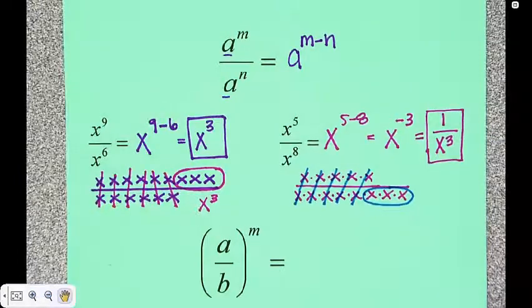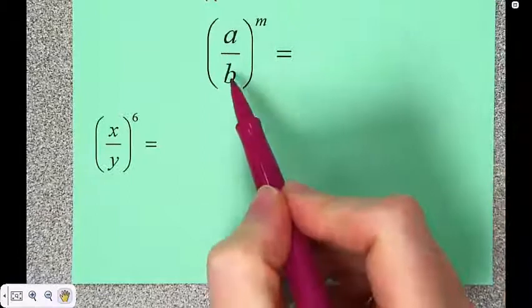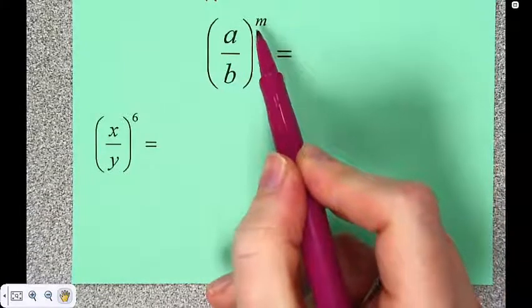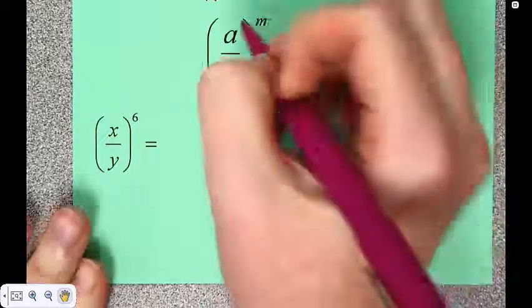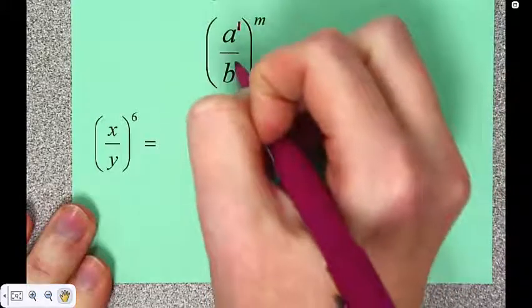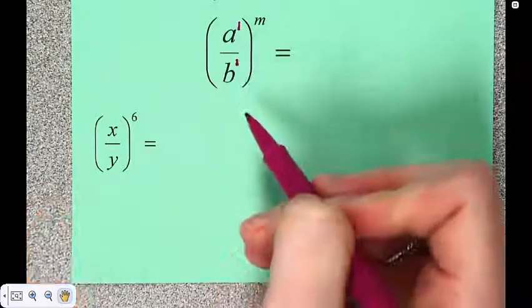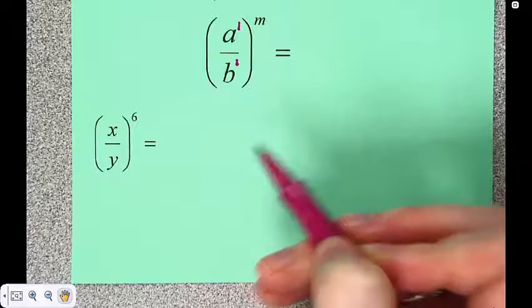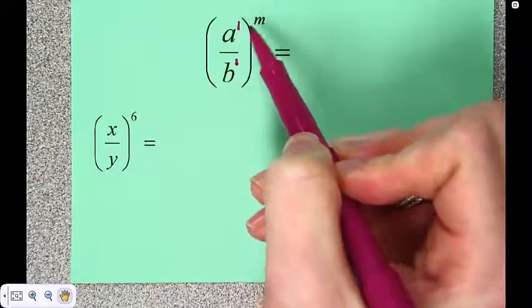Now let's look at our next property. Here we have a quantity, a divided by b, being raised to the m power. So whenever we don't have an exponent here, we assume that exponent to be 1. So again, like just in last night's video, we're going to put 1s in here for the a and the b. From multiplication, you notice that when you had something outside, you would then multiply it because it's a power to a power.